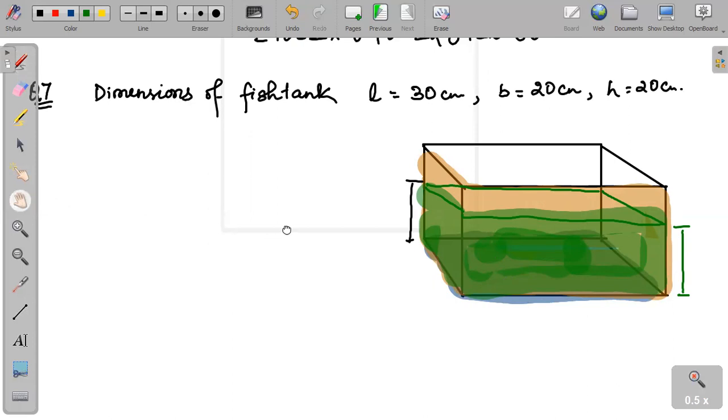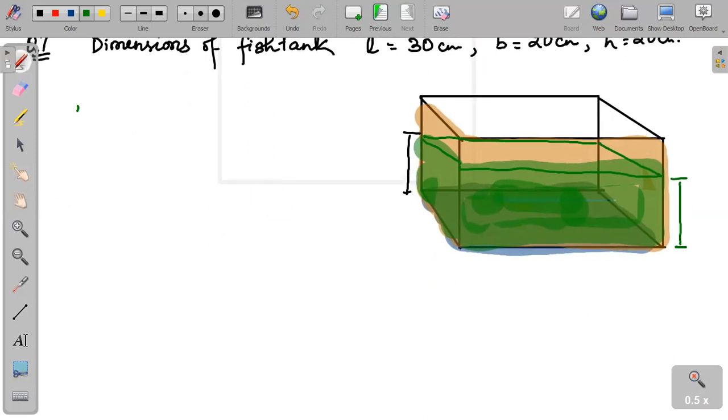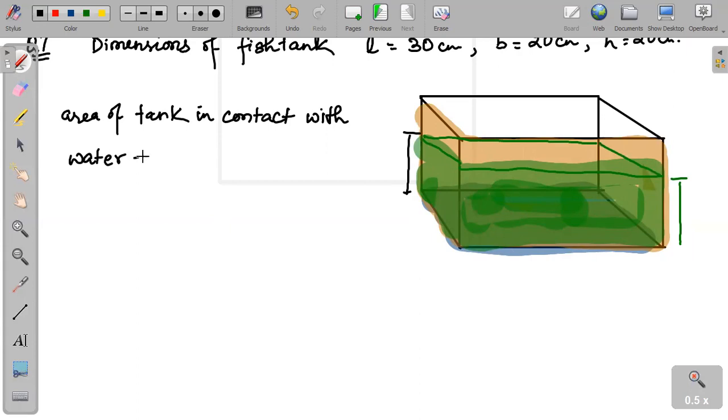So area of tank in contact with water is equal to 3/4 into lateral surface area of tank plus area of base.